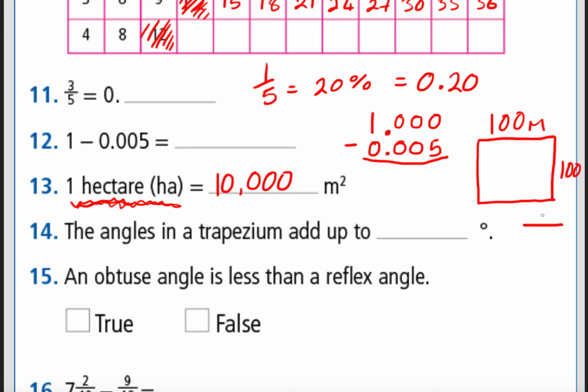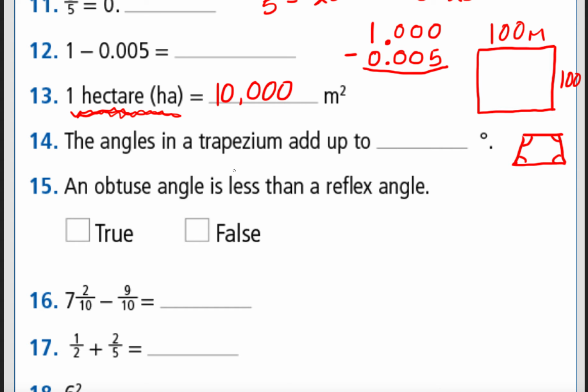So when they ask you about a trapezium, which looks like this, it's just a quadrilateral. And we know that in a quadrilateral, the angles inside, 1, 2, 3, 4, they always add up to 360 degrees. Okay, so a trapezium is a quadrilateral, and that tells us that the answer must be 360 degrees.